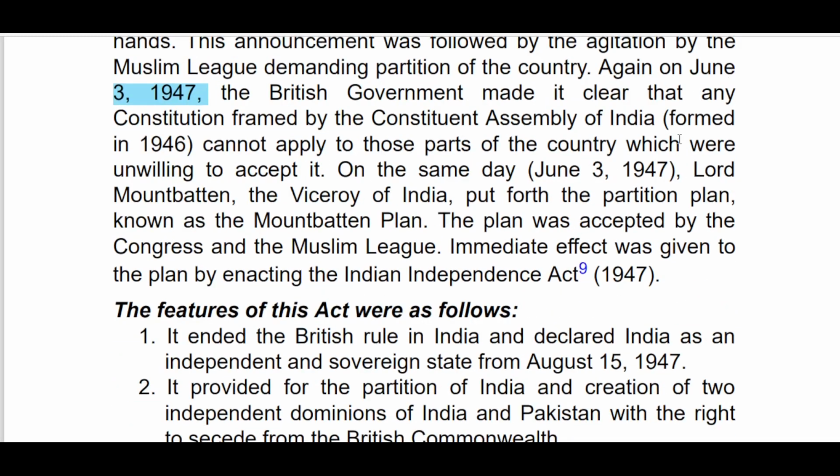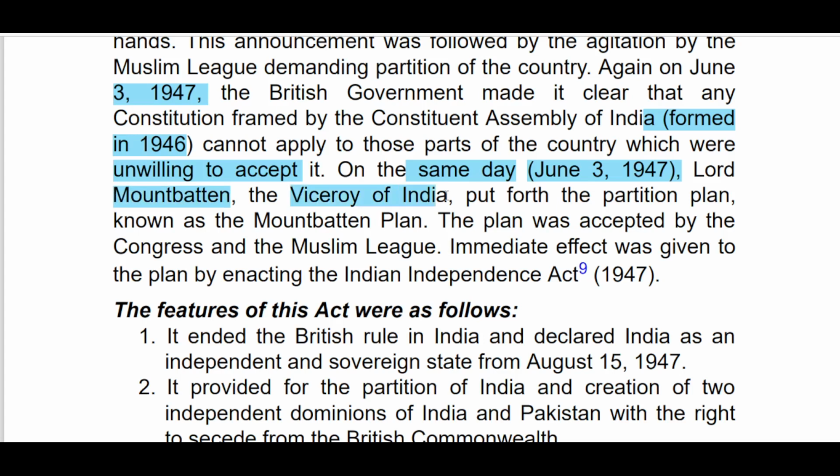Again on June 3, 1947, the British government made it clear that any constitution framed by the Constituent Assembly of India, which was formed in 1946, cannot apply to those parts of the country which were unwilling to accept it. That is, that constitution cannot be applied to those parts of the country that were not interested to become the part of India.